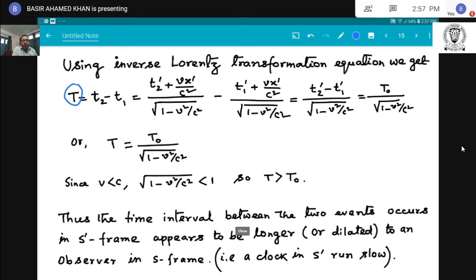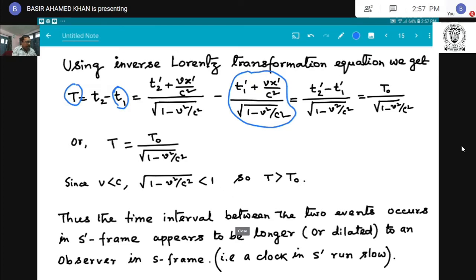The value of t2 equals t2 prime plus v x prime by c square, divided by root over of 1 minus v square by c square, and t1 equals t1 prime plus v x prime by c square, divided by root over of 1 minus v square by c square.